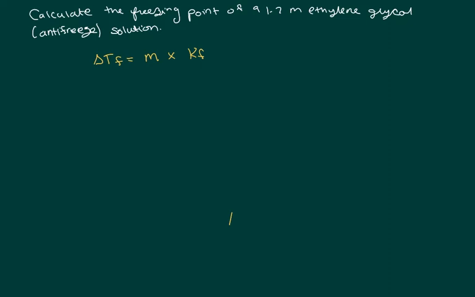In this case, your solvent is not ethylene glycol, because we see ethylene glycol solution. Ethylene glycol is mixed in water, so your KF is known for water to be 1.86 degrees Celsius per kilogram solvent per mole solute. Okay?